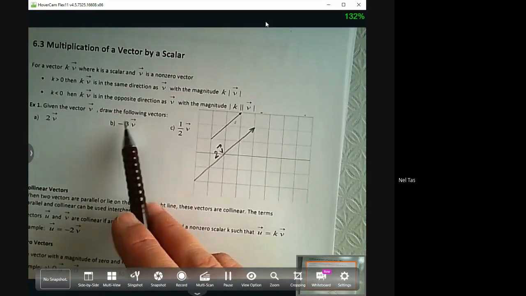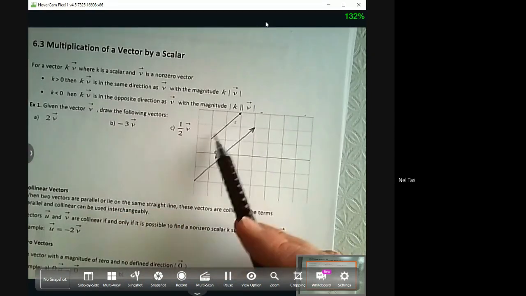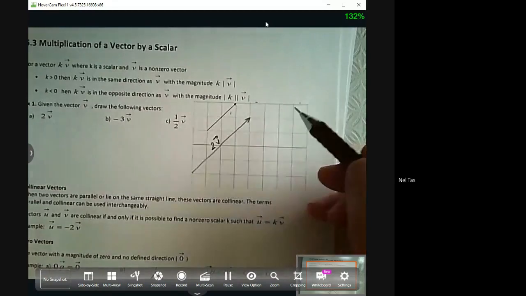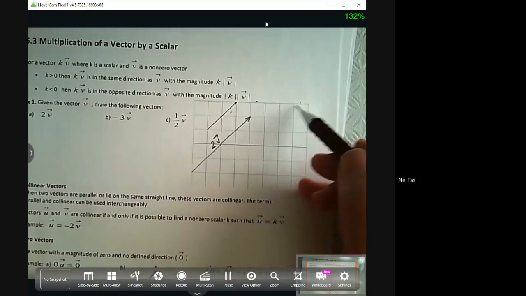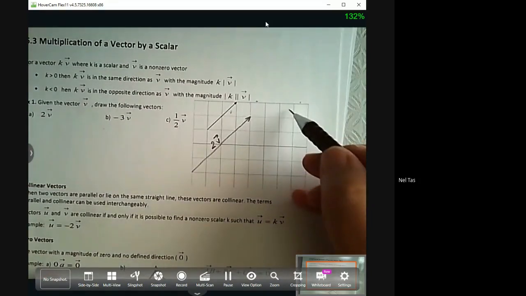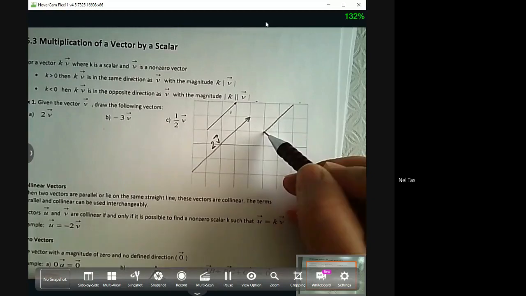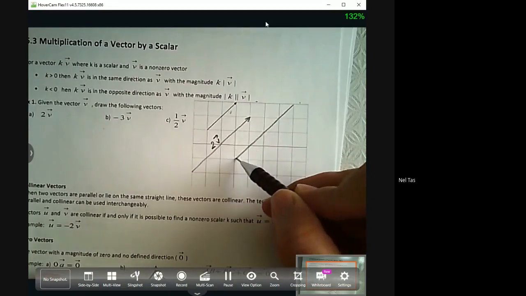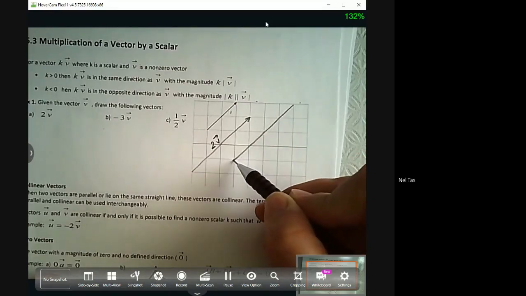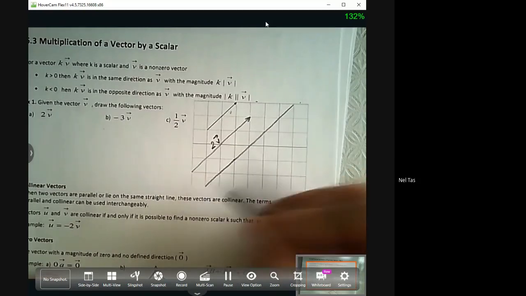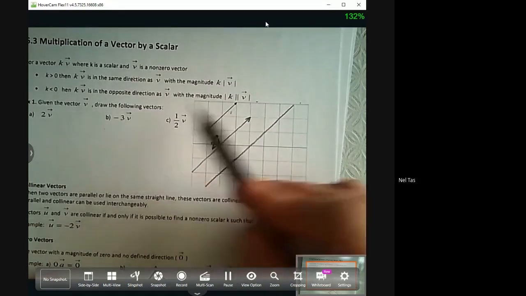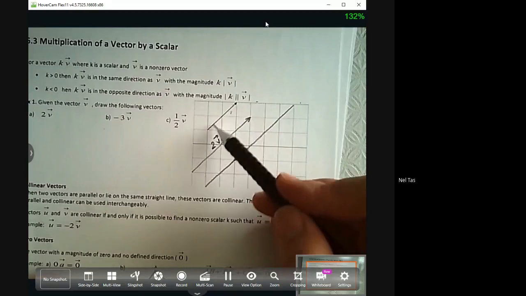So let's draw negative 3v. The size is going to be 3 times v. The slope is the same. Let me start from here. So 1v, 2v, 3v, and since it is negative, the direction is going to be opposite to v.